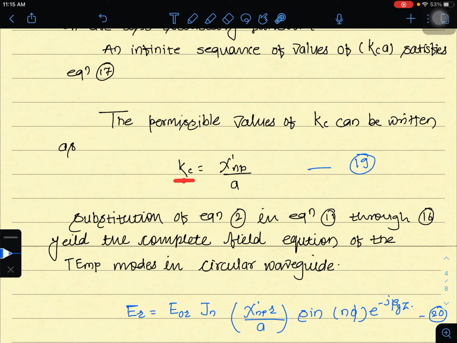Now the permissible value of kc is equal to x dash np divided by a.